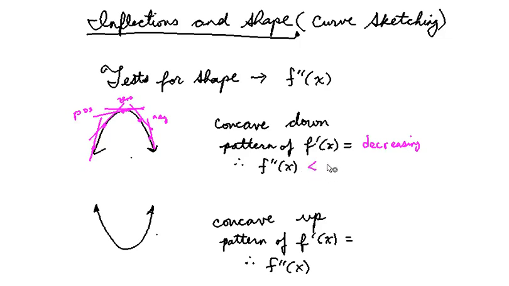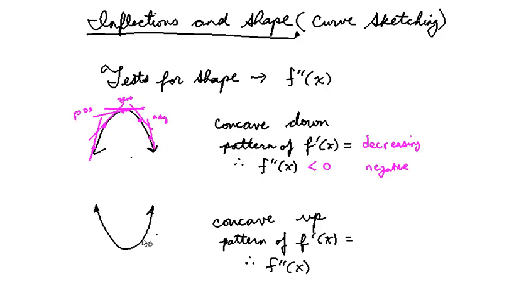Okay, so this must be negative. So that's a key point to remember. For a concave down curve, the second derivative will always be negative on that interval, on the part that's concave down.